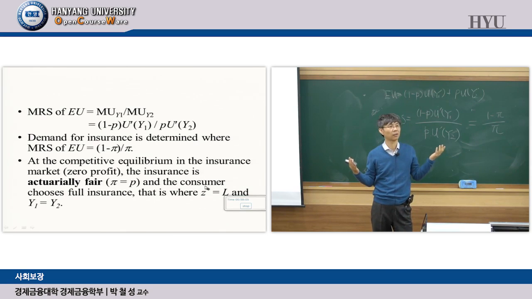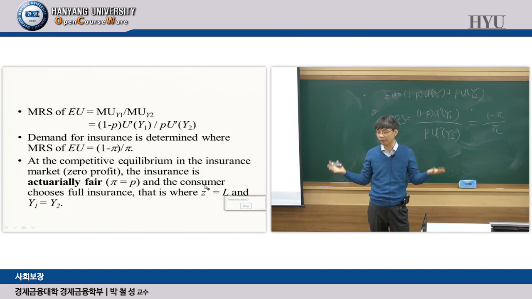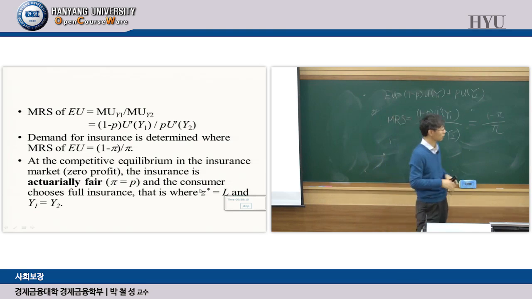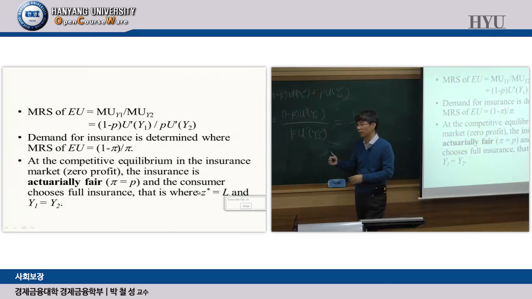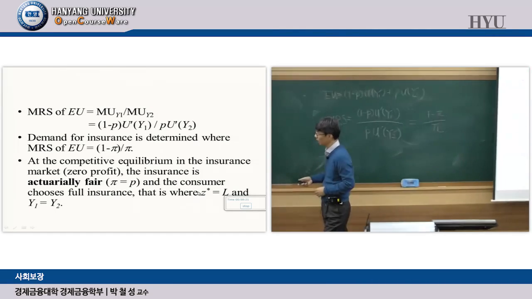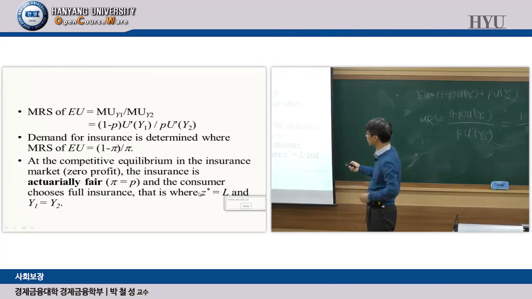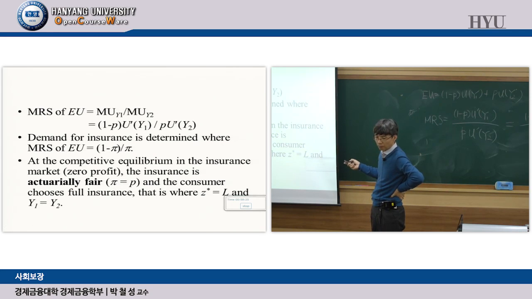In the end, everyone will charge you 5%, because by the theory of competitive markets, there will always be an insurance company that will undercut the premium. So if it's a perfectly competitive insurance market, pi should be equal to p.